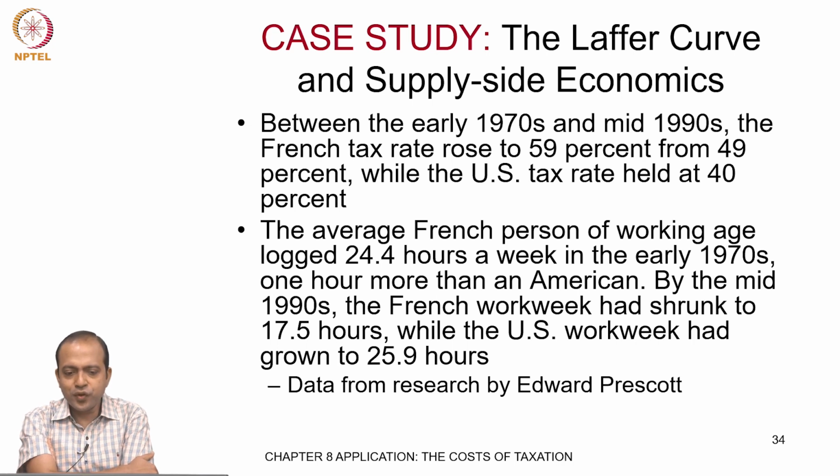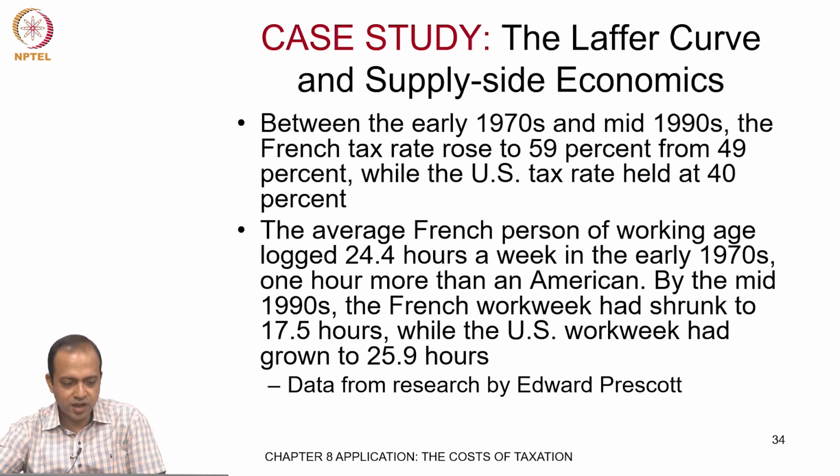So, the average French person of working age logged 24.4 hours a week in the early 70s when the tax rate was 49%, but in the mid 90s the French work week had shrunk to 17.5 hours, while in the US the work week had grown to 25.9 hours.